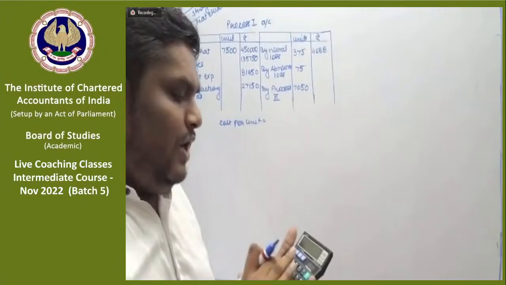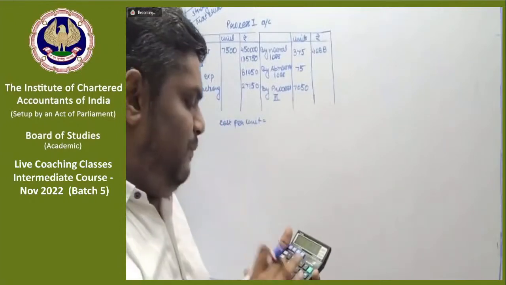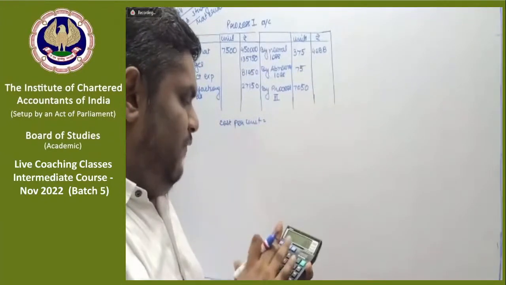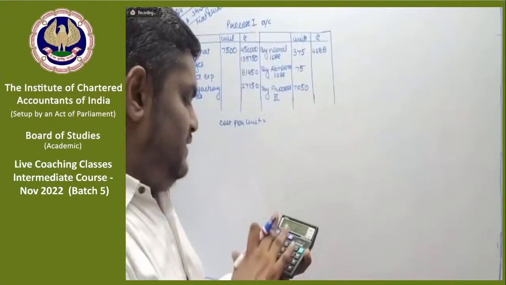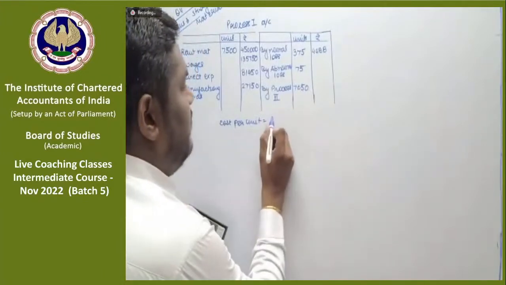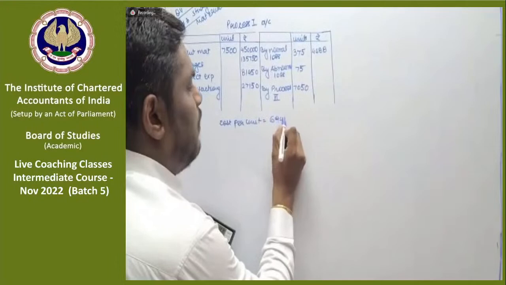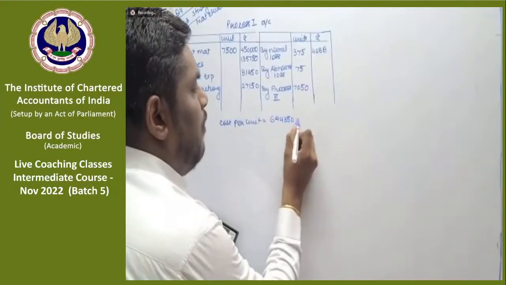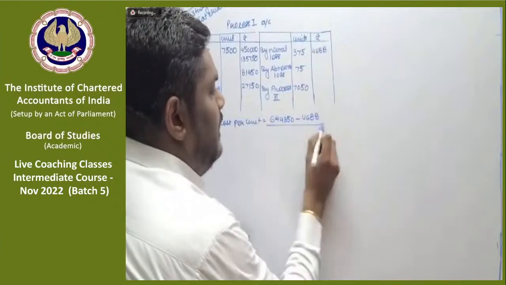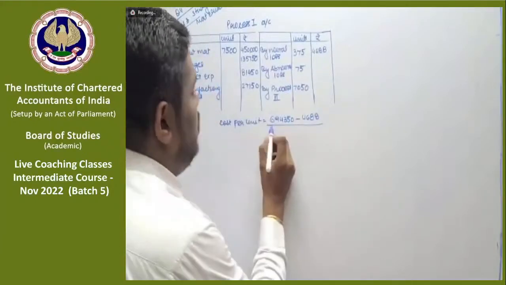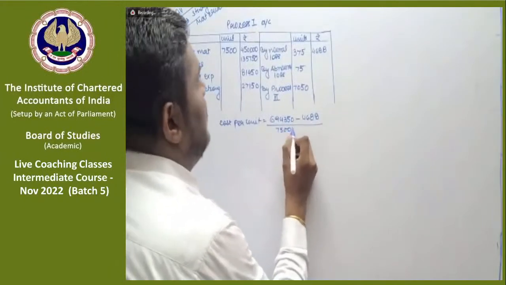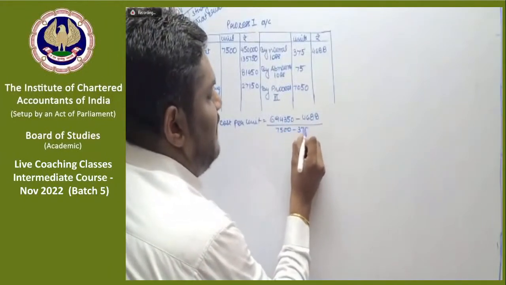The total cost incurred is 4,50,000 plus 135,750 plus 81,450 plus 27,150, that is 694,350, minus the scrap value, that is 4,688, divided by my expected output, that is 7,500 minus 375.